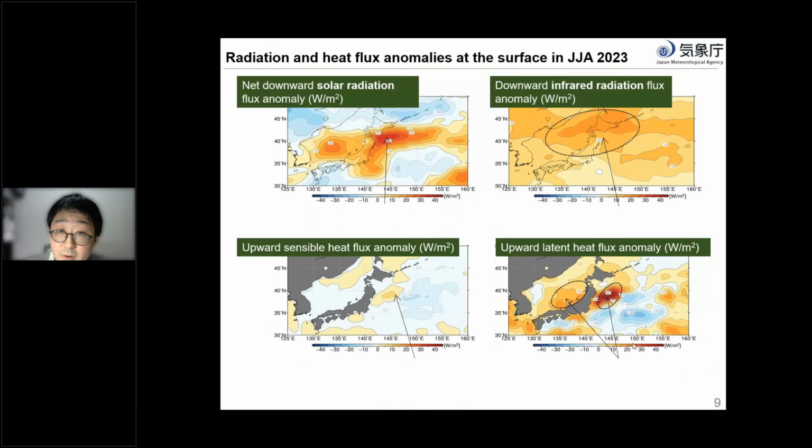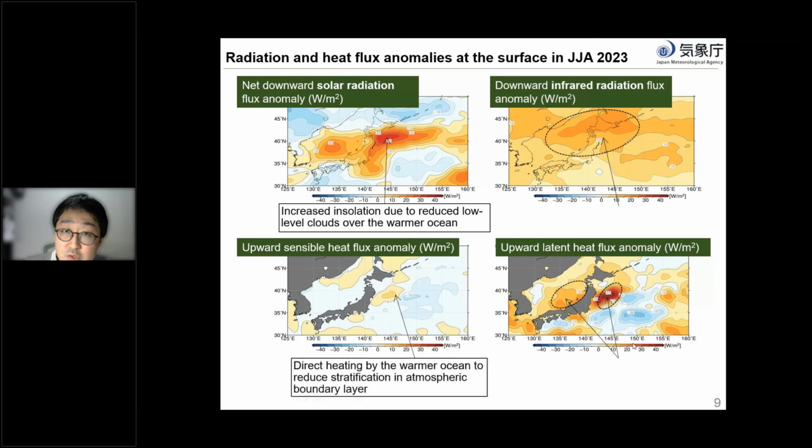So how about heat exchange at surface? I would like to give a brief overview of radiation and the turbulent heat flux anomalies at surface. First, the solar radiation was enhanced in OEJ region. It was due to reduced low-level clouds. As I will show later, it seems because the warmer ocean decreased stability in the atmospheric boundary layer. Secondly, the upward sensible heat flux was enhanced in OEJ region.